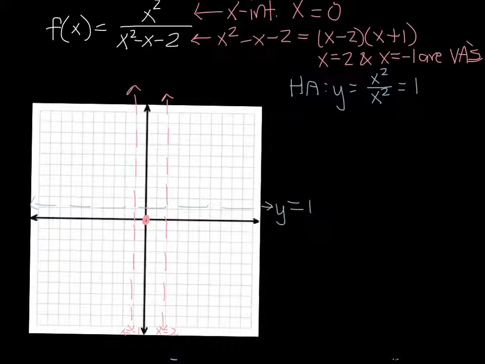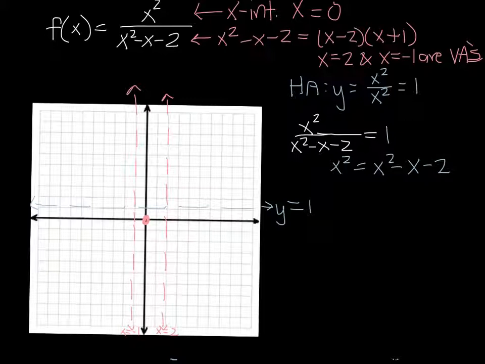Now, to determine if the graph is going to cross the horizontal asymptote, we set the original function, x squared over x squared minus x minus 2, equal to the equation of our horizontal asymptote, which in this case is just 1, because y equals 1 is the horizontal asymptote. To solve, you need to multiply both sides by x squared minus x minus 2. We end up getting on the left-hand side x squared, on the right-hand side x squared minus x minus 2.